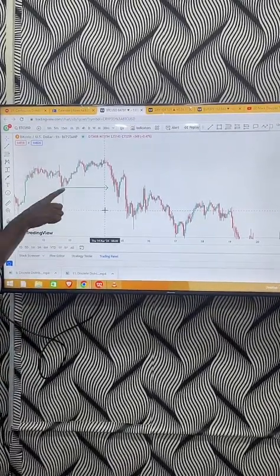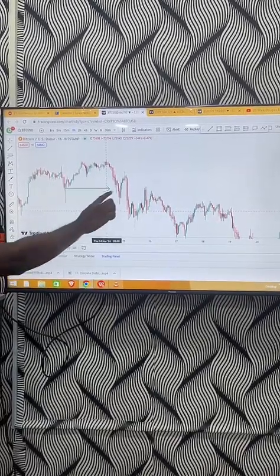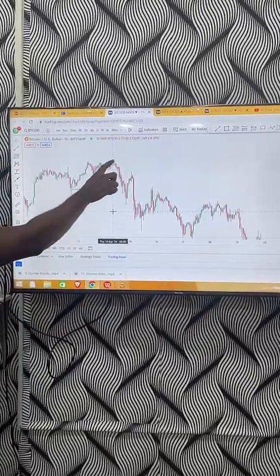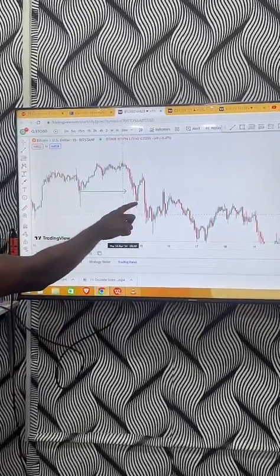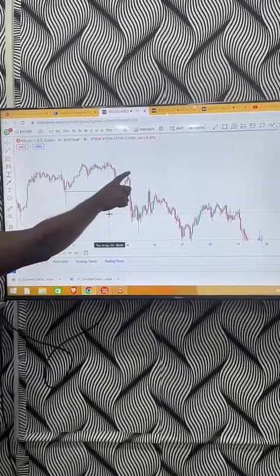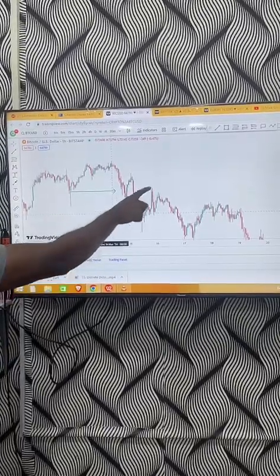We can see that this is a low high, that means we were having an uptrend and we have broken structure to a downtrend. So we have this high here, we have a new low which is lower than this, we call it a lower low. We have a lower high, which is lower than this, we call it a lower high. This is another lower low, lower high.